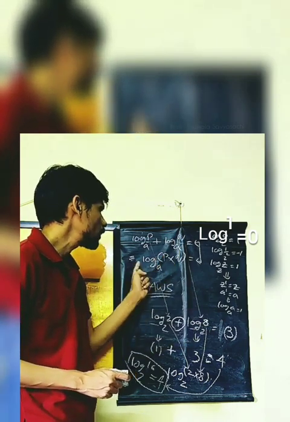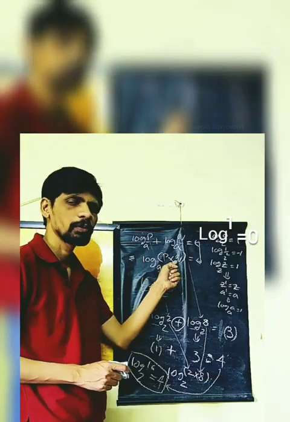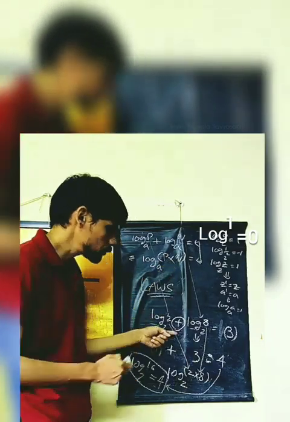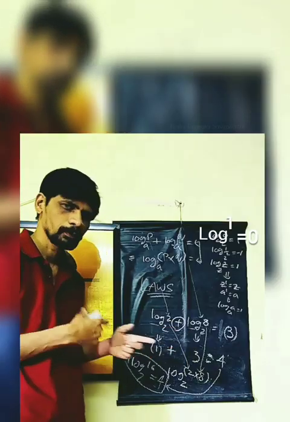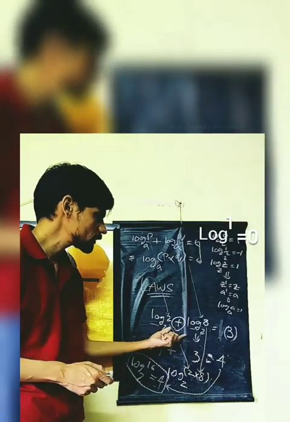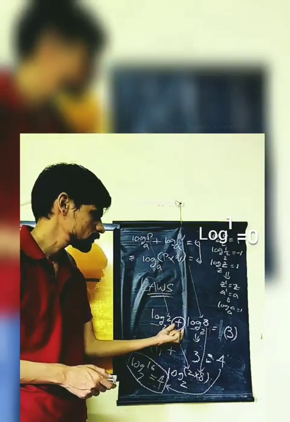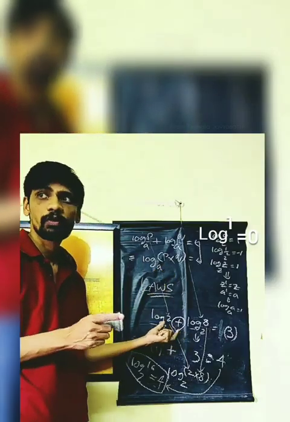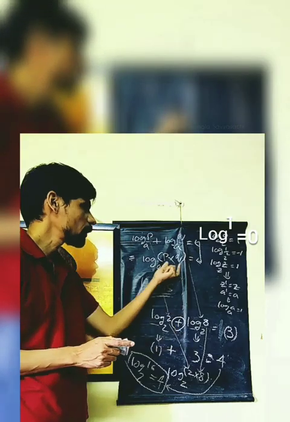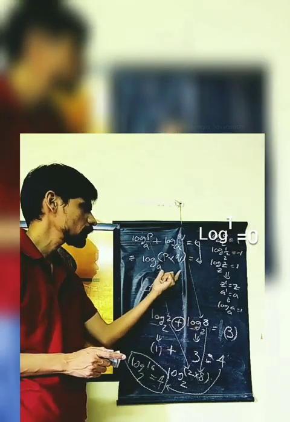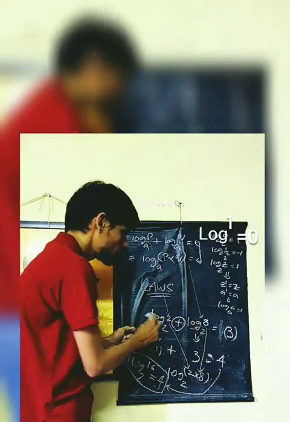So what am I doing? Log a, p multiplied by q. So whenever you see this kind of problem, we can simply use this formula. When you are adding, we can multiply these numbers so that it will be very easy to evaluate.